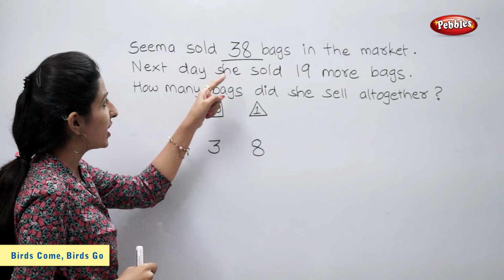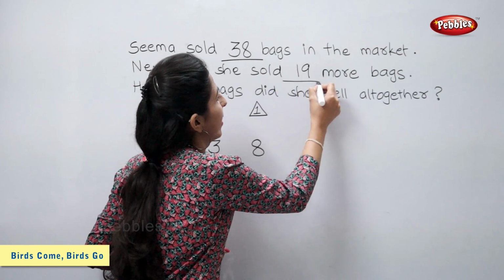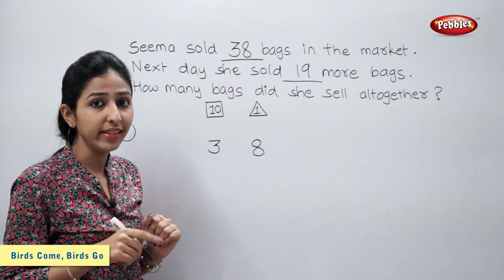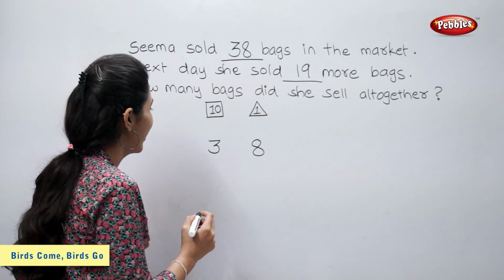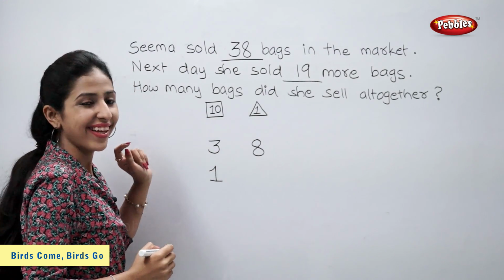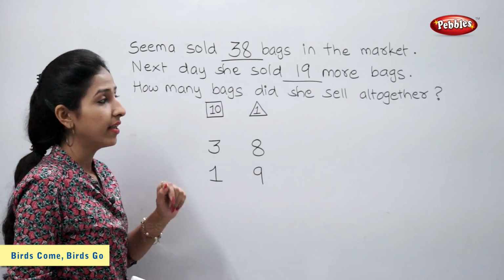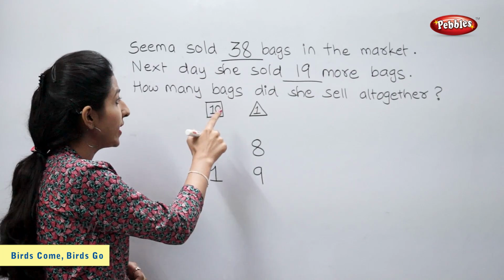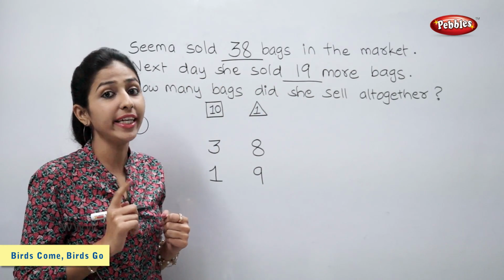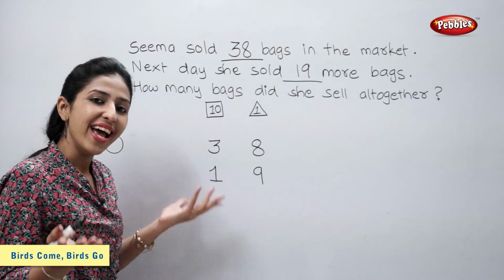Next day, she sold 19 more bags. 19 means 1 tens and 9 ones. 1 tens, 9 ones. So how many bags did she sell altogether? We have to find the total number of bags. So we will add them.